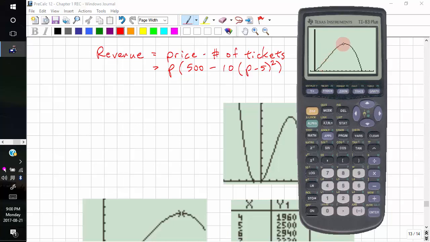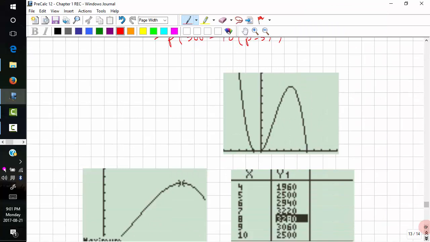Okay, so we see the maximum here. And that looks like a good left bound. And a little bit further over, we got right bound and guess. And our answer is down here.